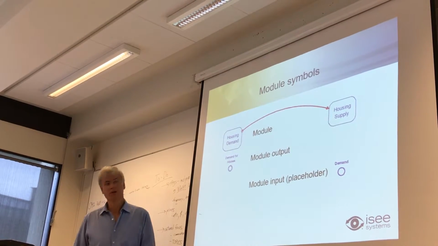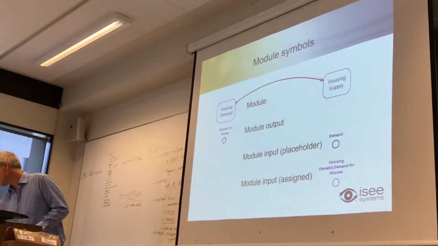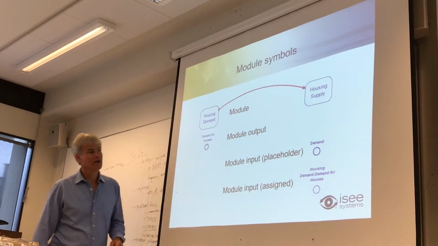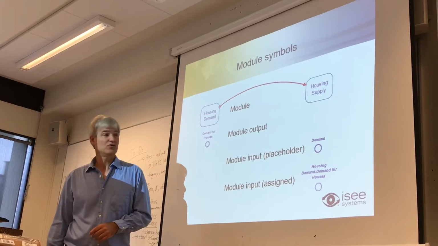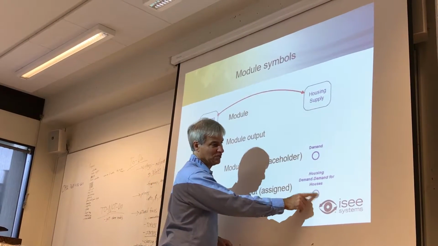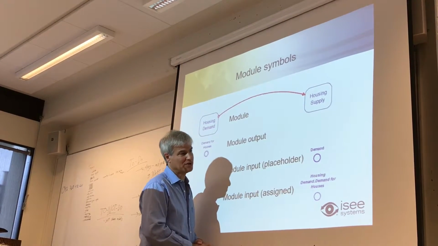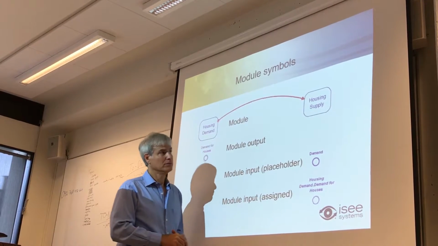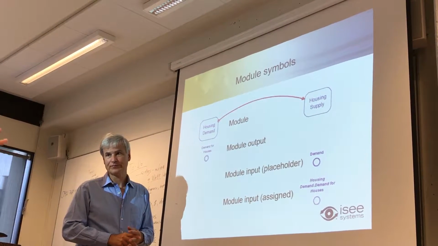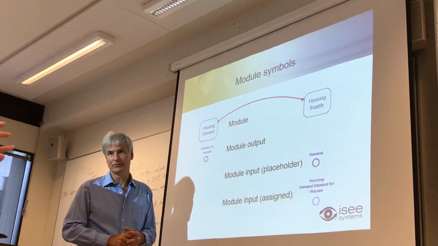It's just a placeholder. These are the symbols you need to know. And if it's assigned, you get a heavy dotted line. It's like a ghost. We call it a cross-level ghost. It's gray, but it's really like a dashed line. So first, in your housing supply, you create this thing to just say, all right, I know I'm going to link to this.